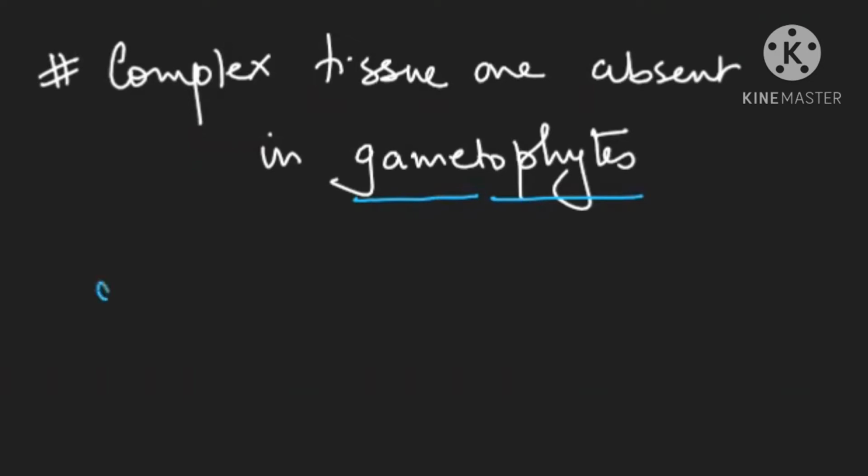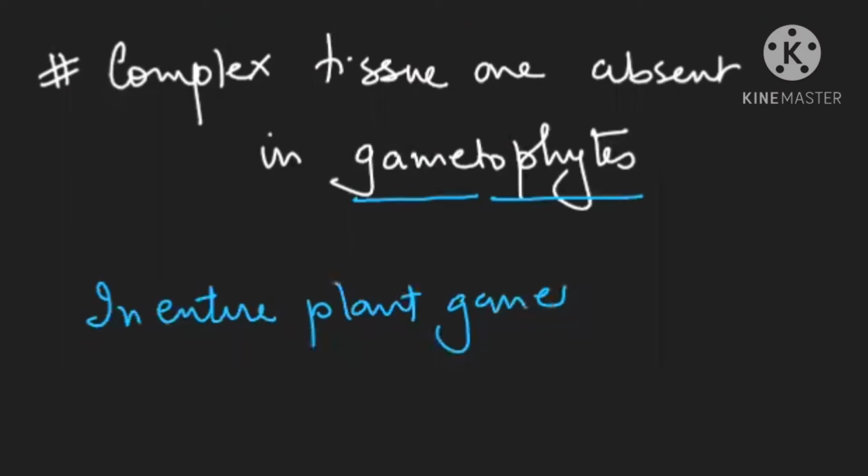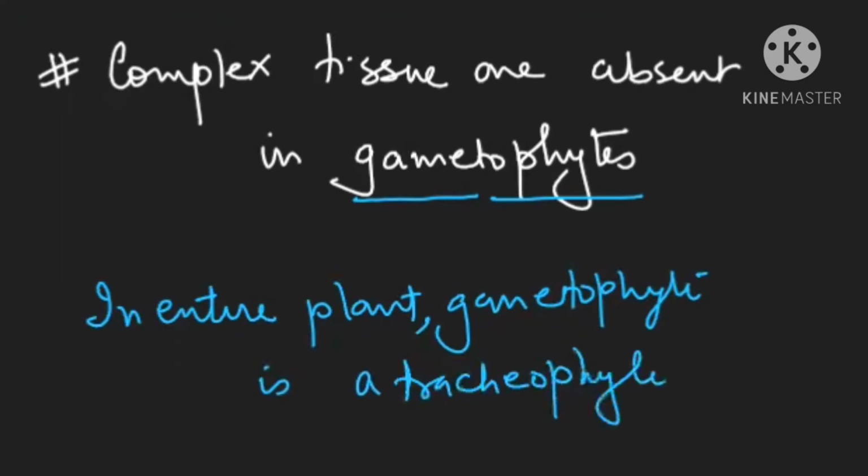That is why we say in entire plant kingdom, gametophyte is atracheophyte, means they don't have vascular tissue. So I hope this term is clear to you, and it's very important from the competitive point.